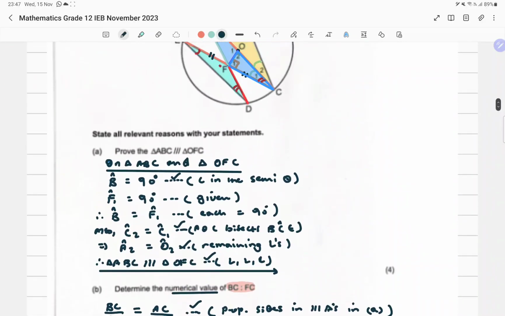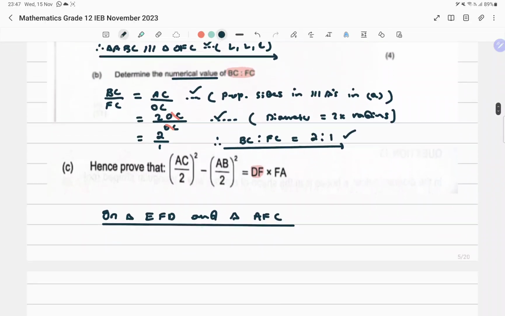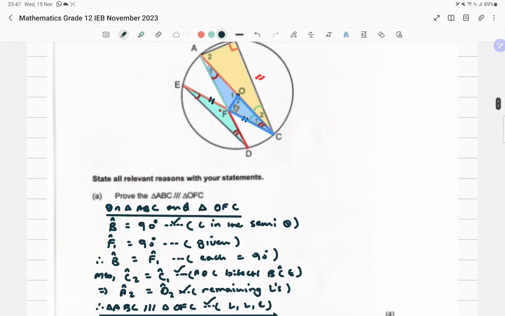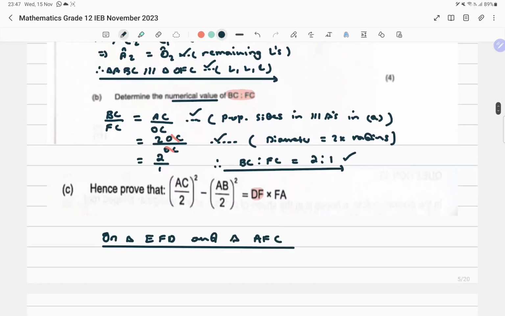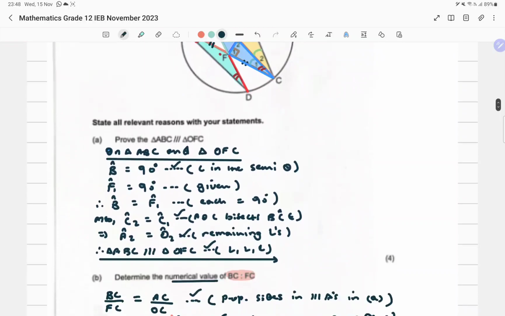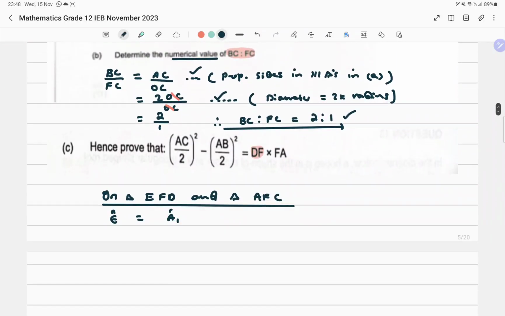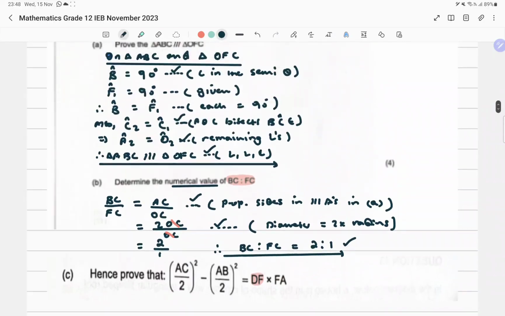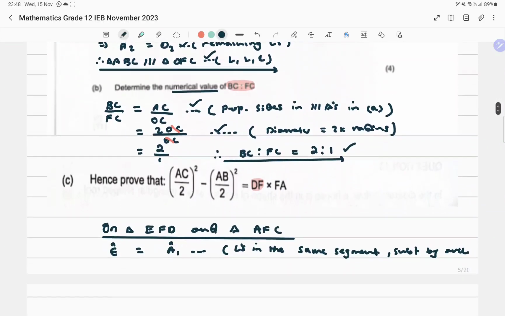Okay, let's start. Now we're starting with triangle EFD. What is that angle there? We're going to say that angle E, because there's no other angle there. So angle E is equal to angle A1 on the other triangle. What is that? These are angles in the same segment subtended by arc, because there's no chord here, arc DC or CD.